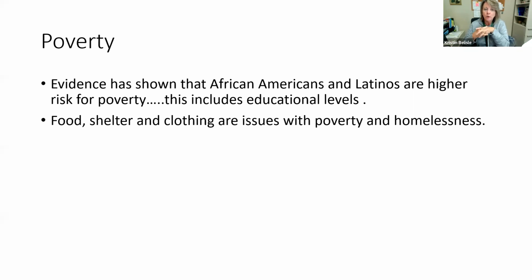Food, shelter, and clothing are issues with poverty and homelessness. It goes back to Maslow's hierarchy of needs. One of the things that we learn in nursing school that will follow you all of your nursing life is Maslow's hierarchy of needs. If we don't have food and clothing, we can't move up that pyramid. So it's important that you notice that food, shelter, and clothing are issues with poverty and homelessness.